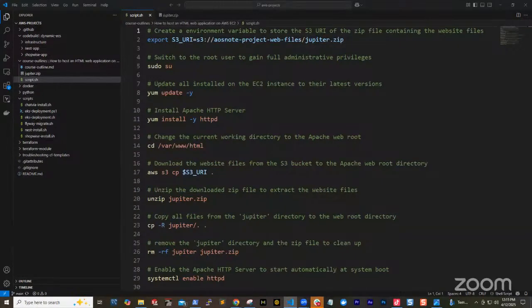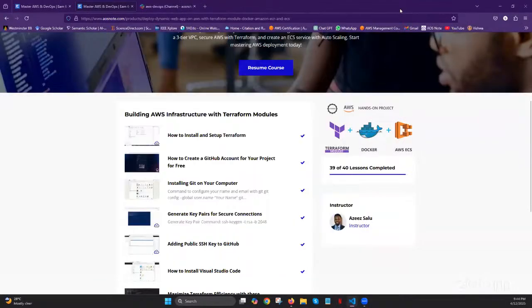Yeah, sure, you can share your screen. Oh, I'm sharing. Sorry. Can you see my screen?